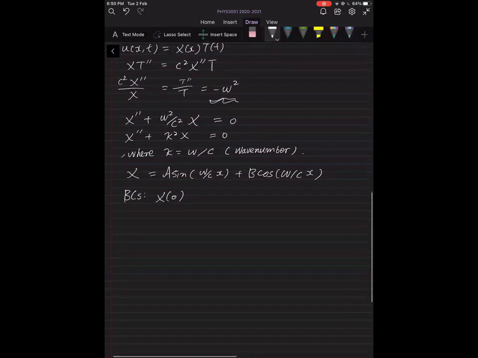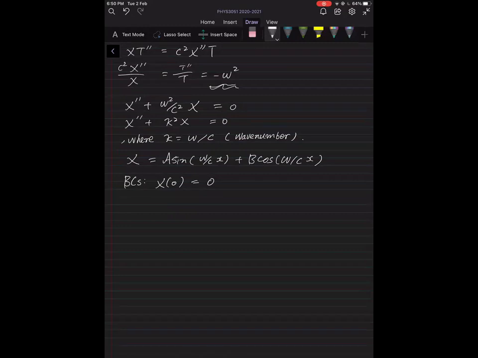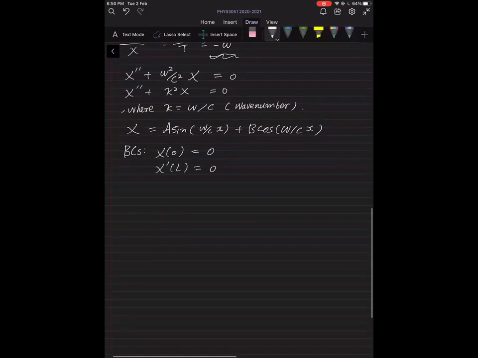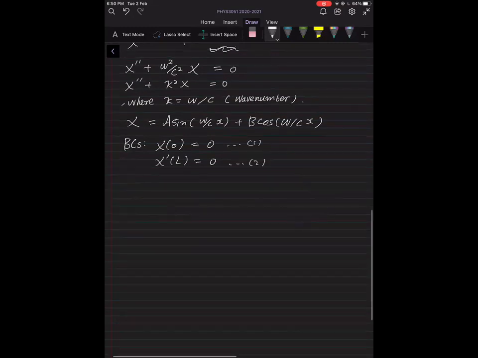Okay, and let's move on. Alright, so the second boundary condition is the derivative at L equals 0. And then we just impose the boundary condition to get the eigenvalue and eigenfunctions. So impose the first boundary condition.